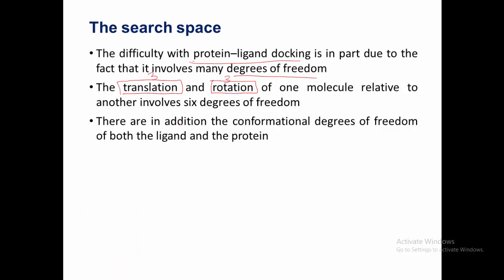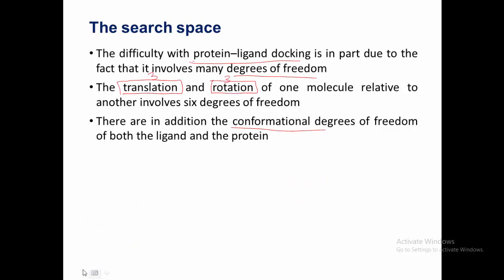Now let's not forget another degree of freedom, which is the conformational degree of freedom. Conformational degree of freedom is linked with the rotation about a sigma bond. Let me do it properly.